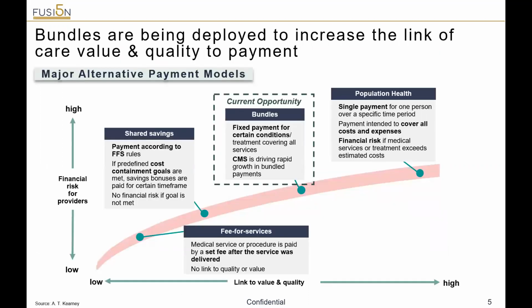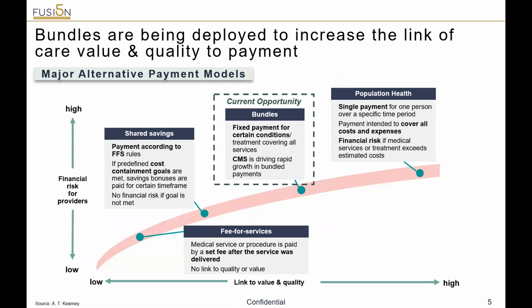So bundles themselves, which BPCI is, remember, the B stands for bundled payments, are a popular method along the continuum of changes from fee-for-service. And so this is a graphical representation of where things were and the changes that are underway, where you have a change from fee-for-service to pay-for-value.